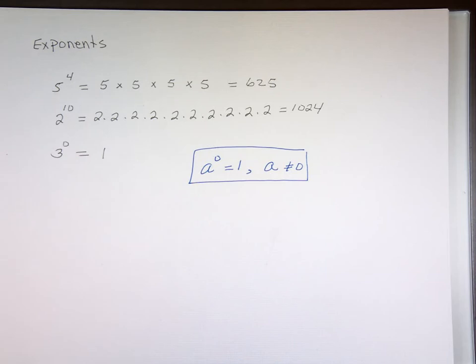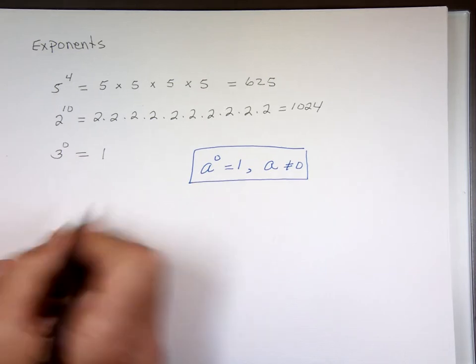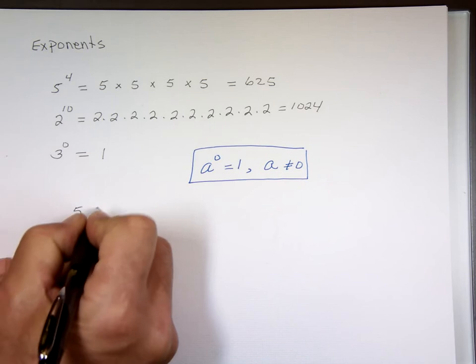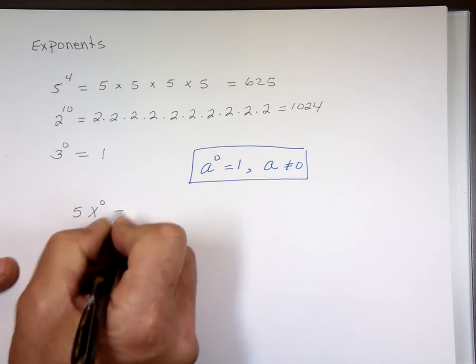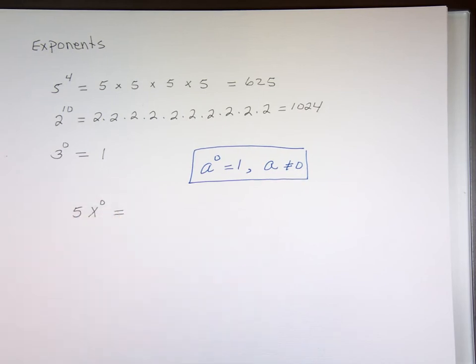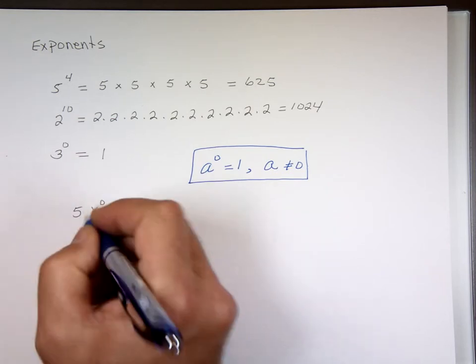Where this could get you in trouble is when you see a problem like this. Assuming x is not 0, what is that equal to? 5. Why 5? Why not 0? Correct.